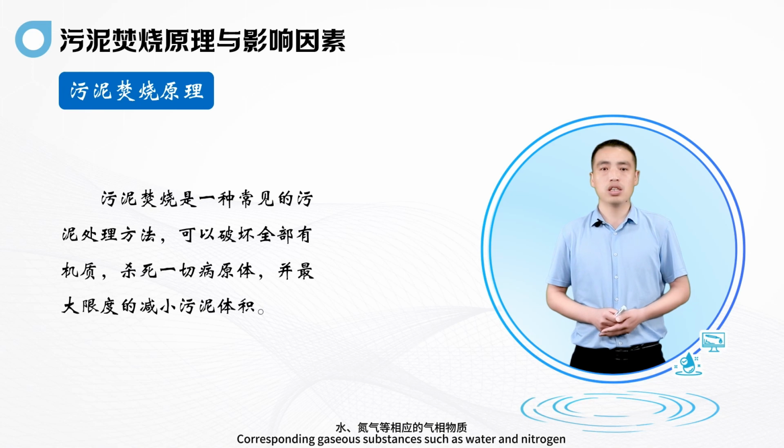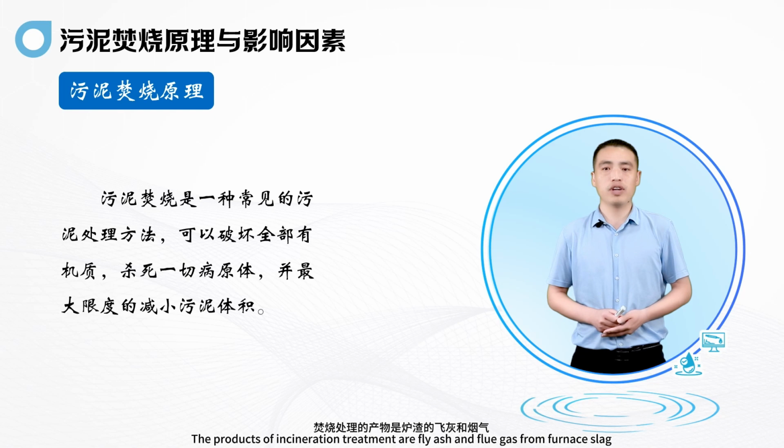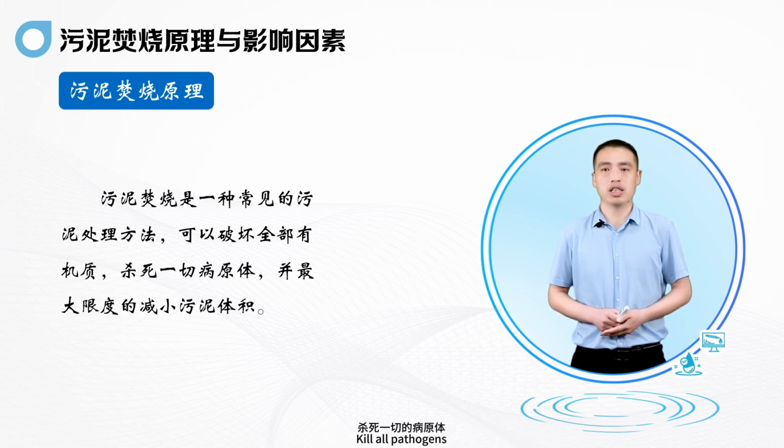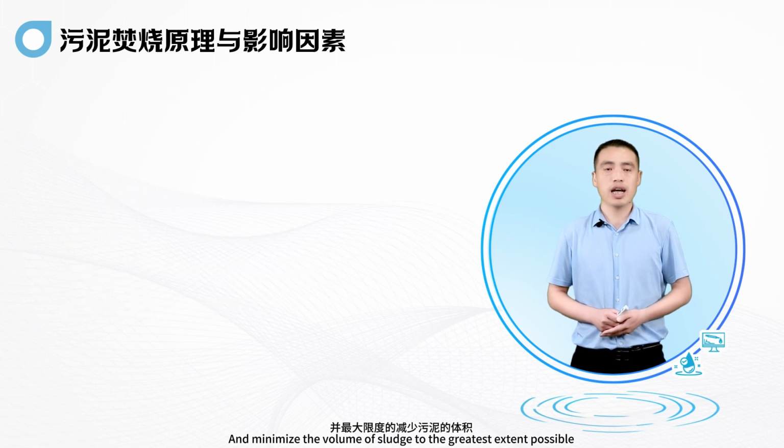The heat released in the reaction process is used to maintain the reaction temperature and enable continuous processing. The products of incineration are furnace slag, fly ash, and flue gas. Sludge incineration is a common method of sludge treatment that can destroy all organic matter, kill all pathogens, and reduce the volume of sludge to the greatest extent possible.